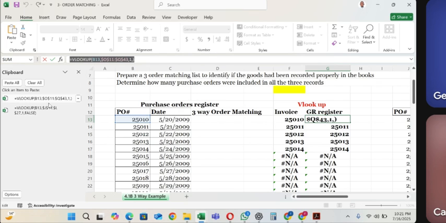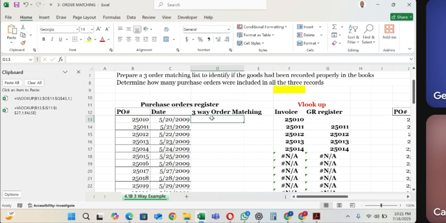Guys, we have 2 questions to go. Now I want you to go up here kwa formula bar. Highlight na ucopy.